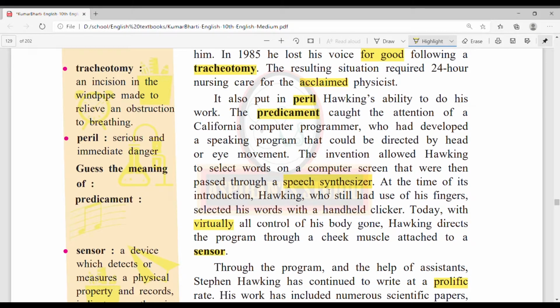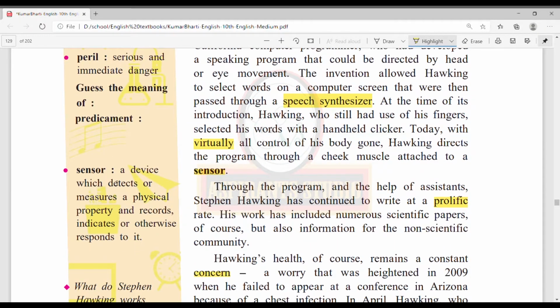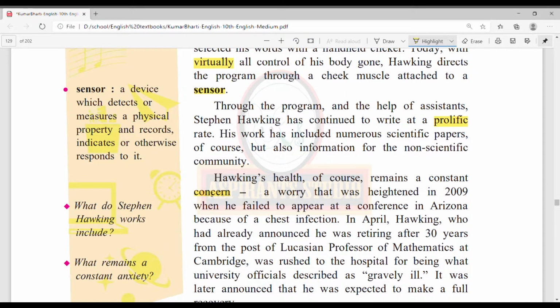Speech synthesizer means an instrument that produces sound electronically. Virtually means almost. Sensor means a device which detects or measures a physical property and records, indicates or otherwise responds to it. Prolific means intellectually productive. Concern means anxious feeling.